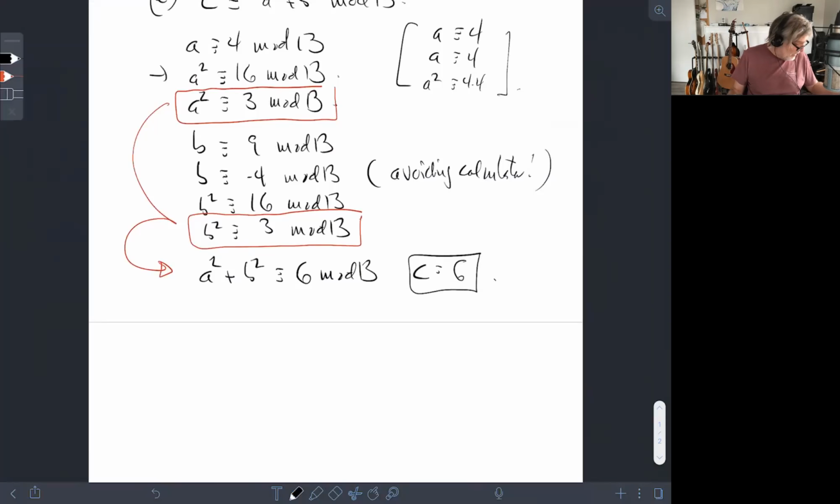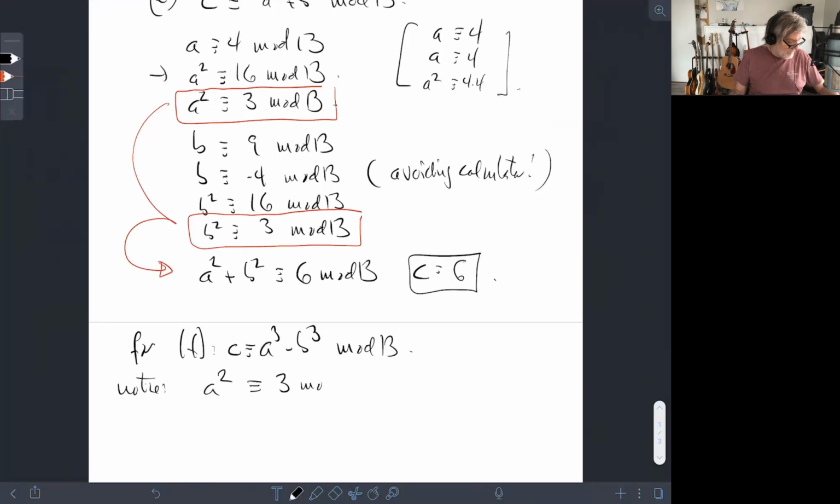Oh yeah. So here's a little observation for F. Same trick. So you want to find C congruent to A cube minus B cube mod 13. Okay, I won't do the whole thing, but just to notice this, right? So A squared, we found that this is 3 mod 13, right?